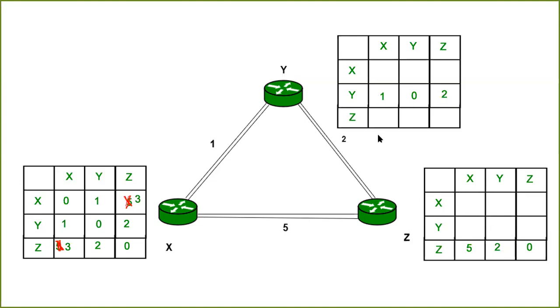So 2 plus 1 is equal to 3. So router Z also will update the information as 3 rather than 5, because it is able to find a shorter route. This is how each of the routers will be updating the information.